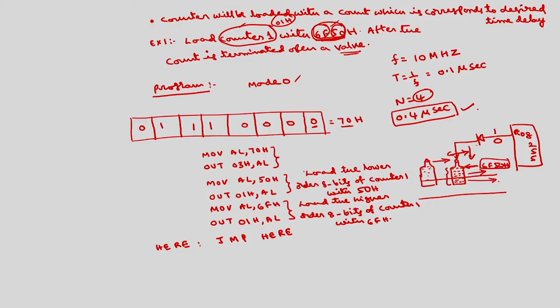Once the count is terminated, the microprocessor control will move from here to the interrupt service subroutine, because I am going to connect this OUT signal to the interrupt of 8086.